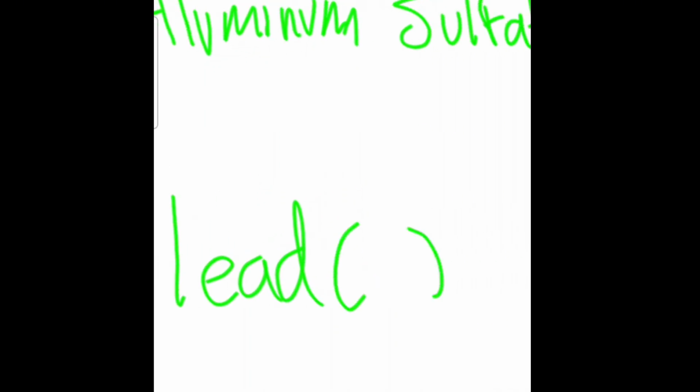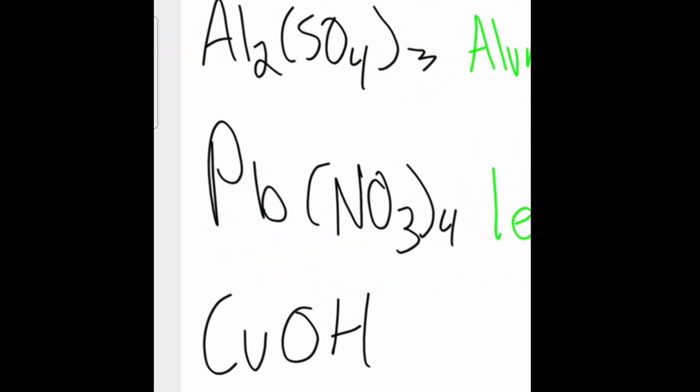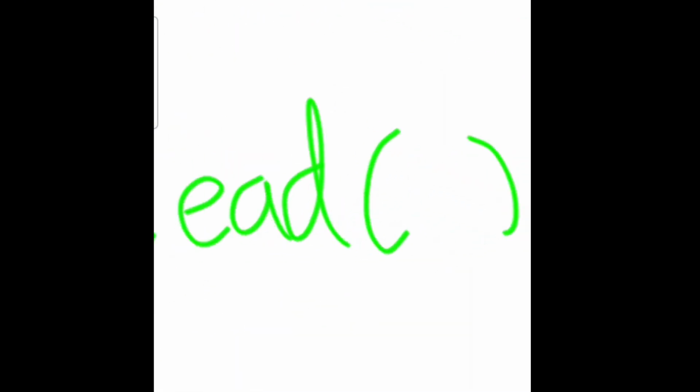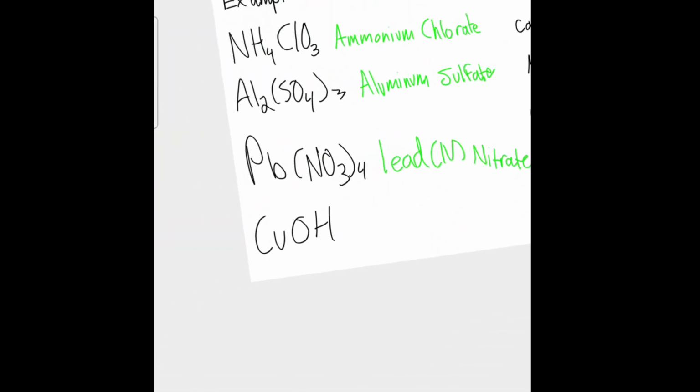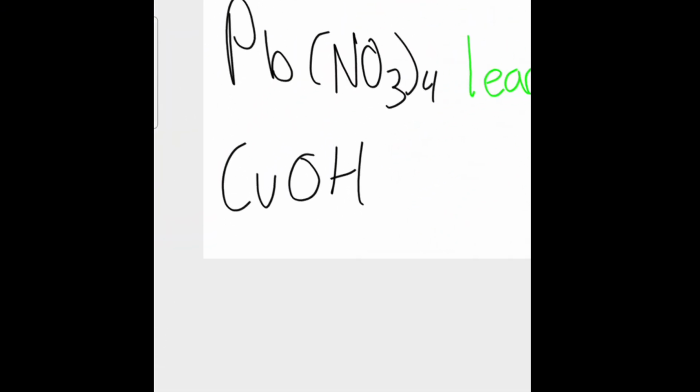Okay. Let's quiz you again on the previous. What does the charge of Pb have? 4. So Pb is 4. And then we know NO3 is nitrate. Okay. What is Cu? That's copper.